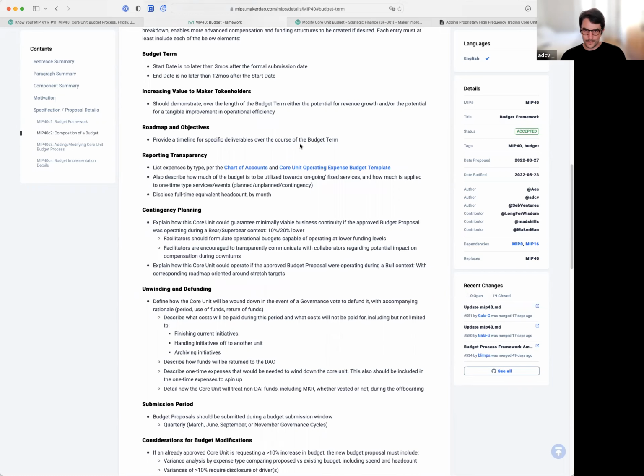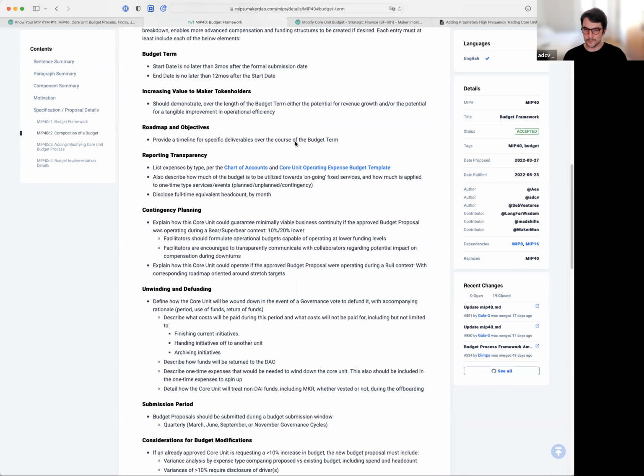Roadmap and objectives, I think, is quite linked. It'll obviously be linked to the investments and the timing of those investments. Realistically, most of the investments of the DAO are going to be in plain contractor costs, in salaries and headcount expenses. Other than events, strategic happiness, maybe branding, and a handful of other core units, most of it is going to be in people.